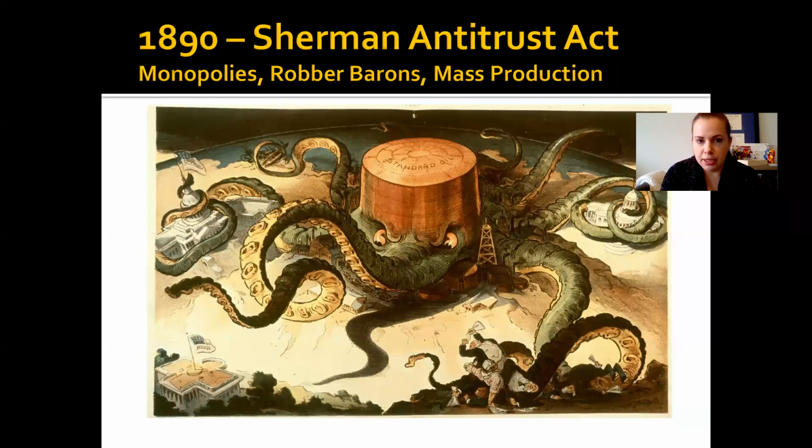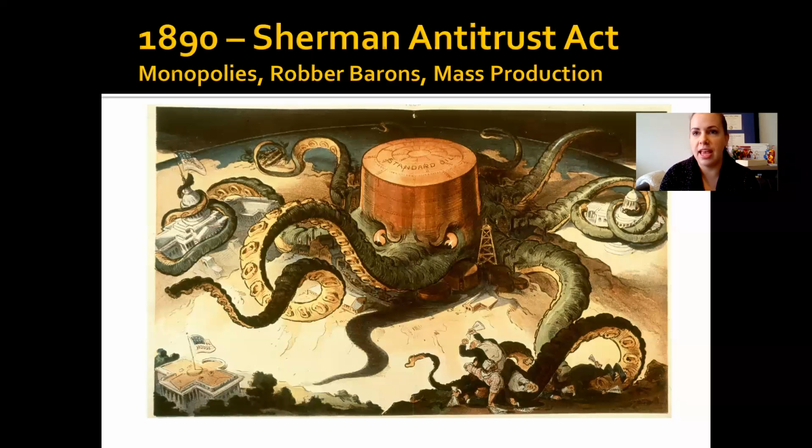And in monopolies, we see robber barons really come to the forefront. As we talked about when we went over this unit the first time, we have this conflicting idea of people like Rockefeller, JP Morgan, Andrew Carnegie, where people aren't sure if we should consider them captains of industry. Are they leaders? Are they innovators?